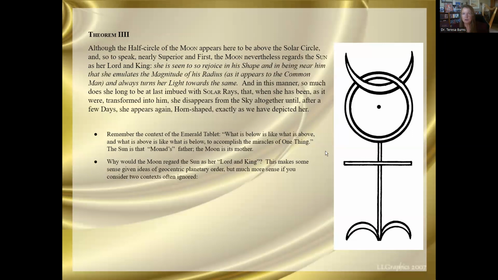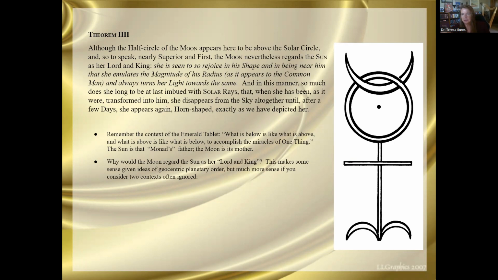She always turns her light towards the same. We always see the same face of the moon reflecting the light of the sun. And in this matter, so much does she long to be at last imbued with solar rays that when she has been, as it were, transformed into him, she disappears from the sky. Now this will have two different meanings.